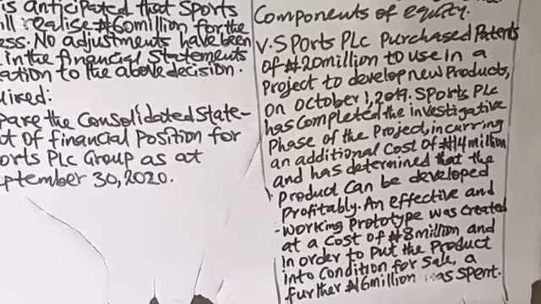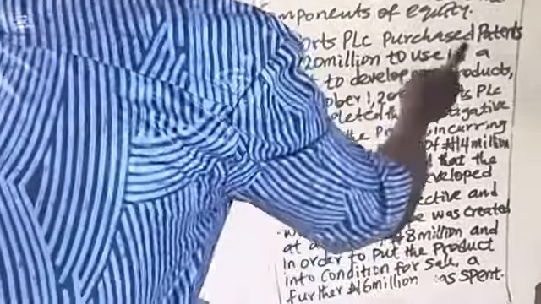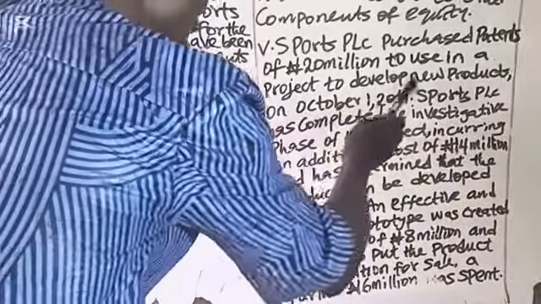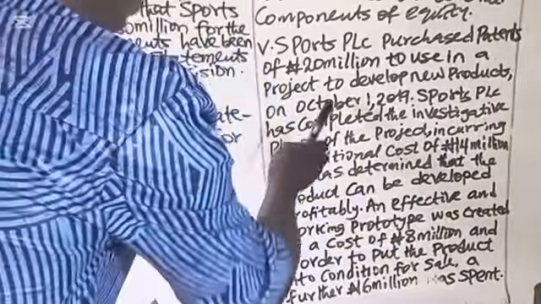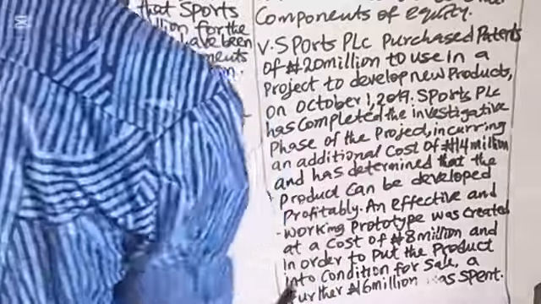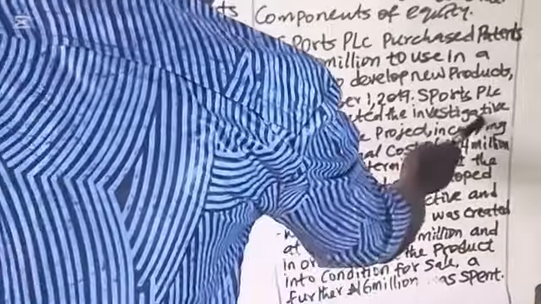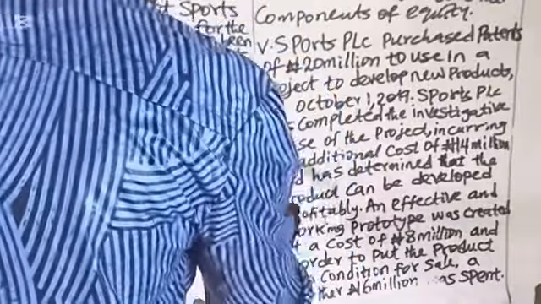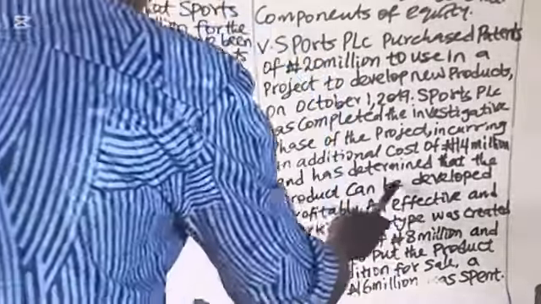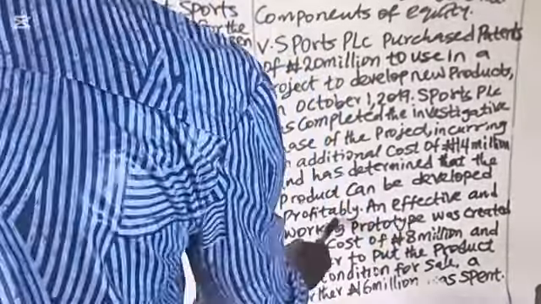Sport PLC purchased patents of 20 million naira to use in a project to develop new products on October 1st, 2019. Sport PLC has completed the investigative phase of the project, incurring an additional cost of 14 million naira, and has determined that the product can be developed profitably.